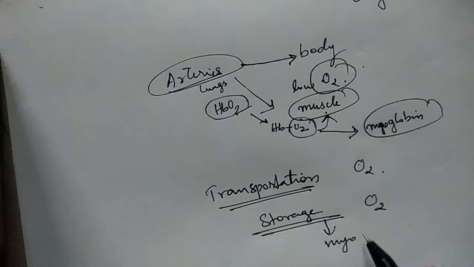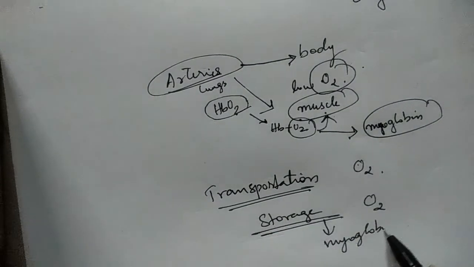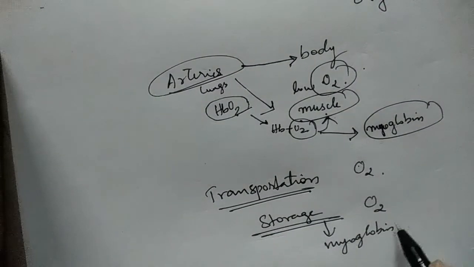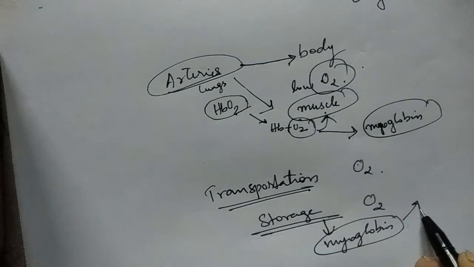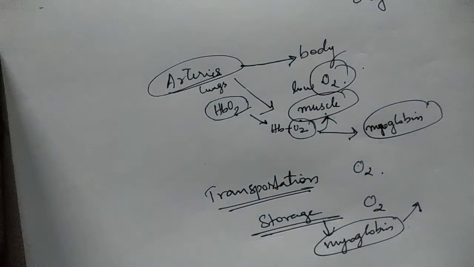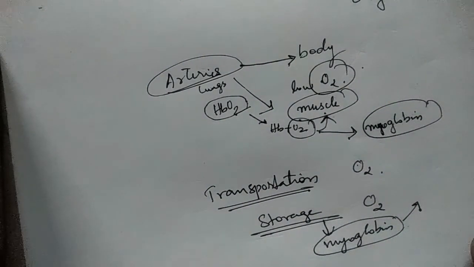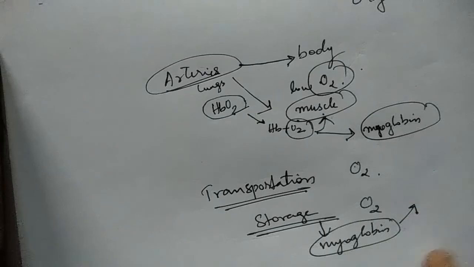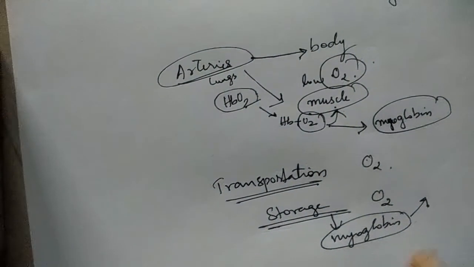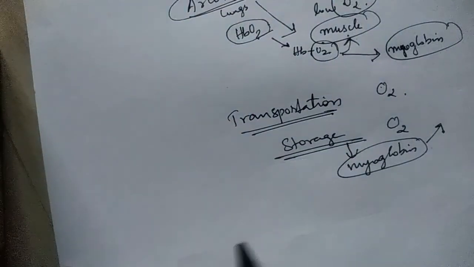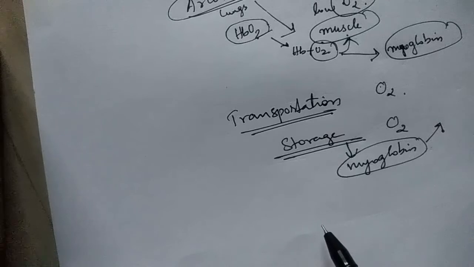Once we require oxygen, at that time it will be releasing the oxygen. When do we need oxygen? For any work to do. So for any work, this myoglobin will be releasing the oxygen. That is the purpose of myoglobin.